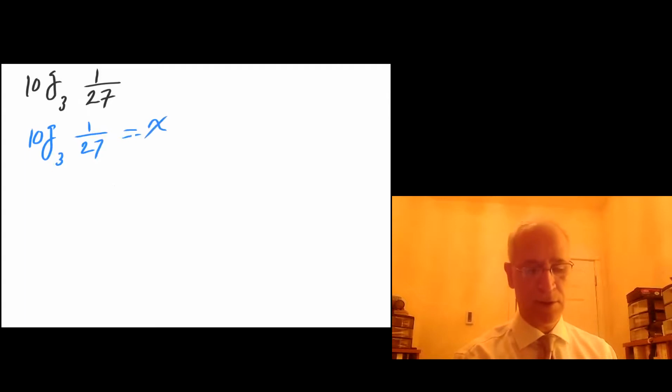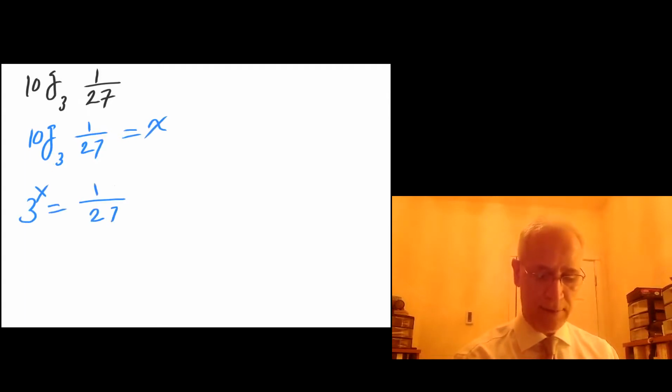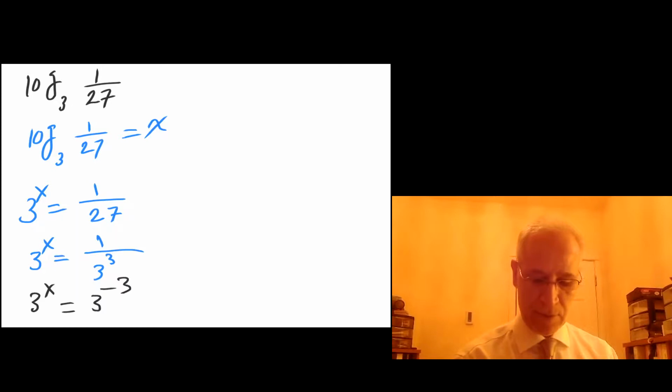I can say log base 3 of 1 over 27 equals x. 3 to the x equals 1 over 27. 3 to the x equals 1 over 3 cubed. 3 to the x equals 3 to the power of negative 3, and x equals negative 3.